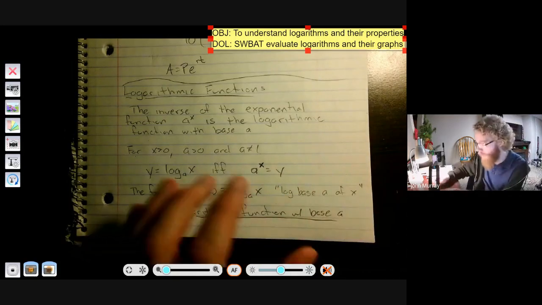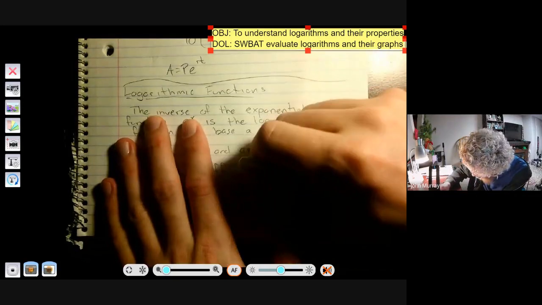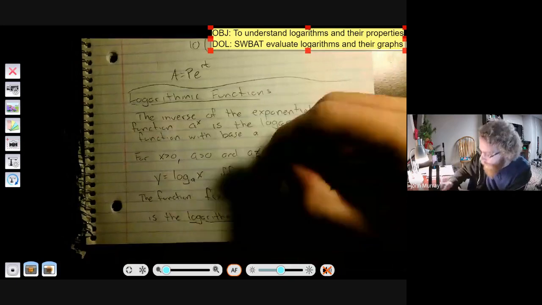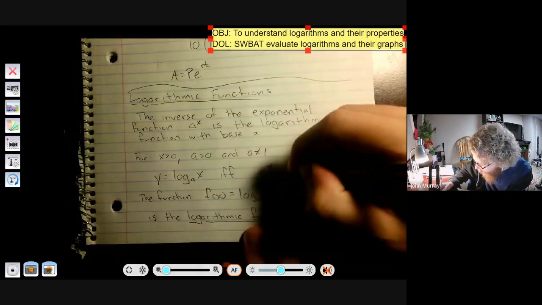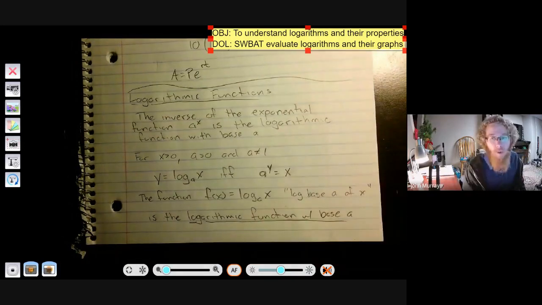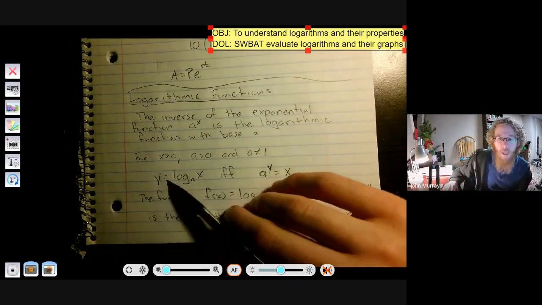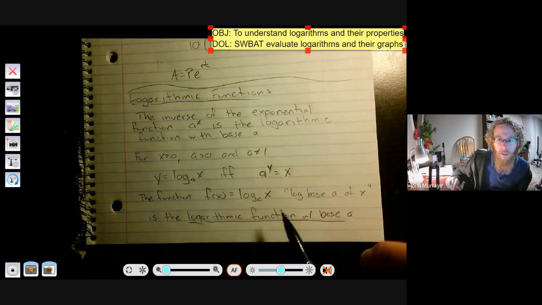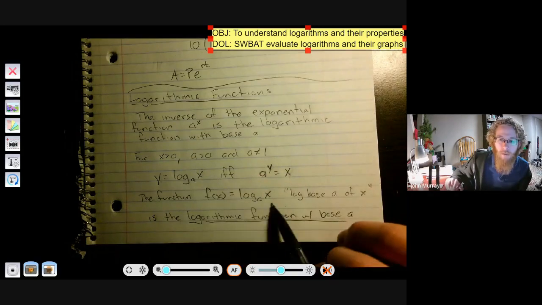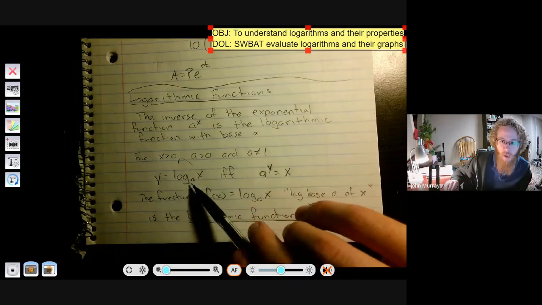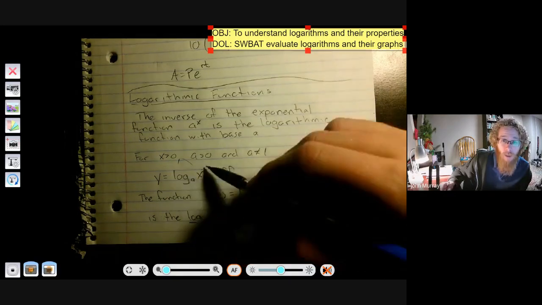Oh, I wrote this wrong. My mistake. Swap this. Sorry about that. All right, so if I have the function y equals log base a of x, that's how we say that. Anytime you see this, this is log base a of x.